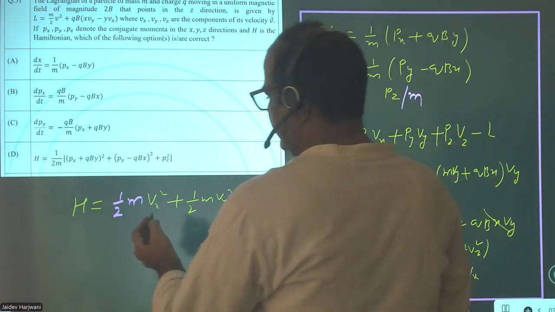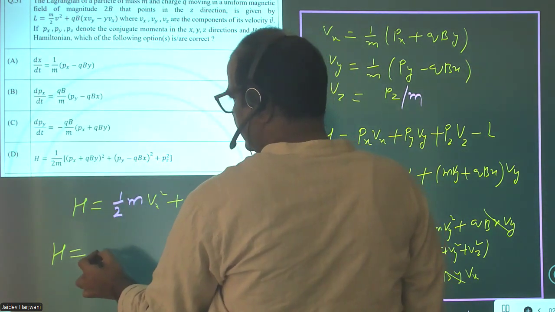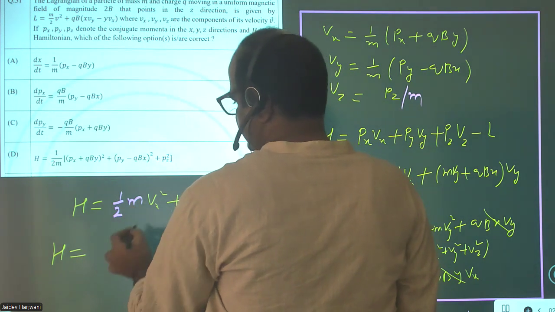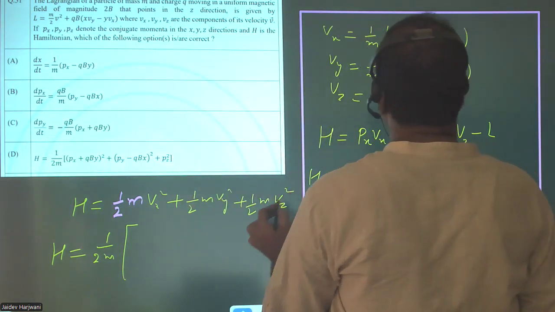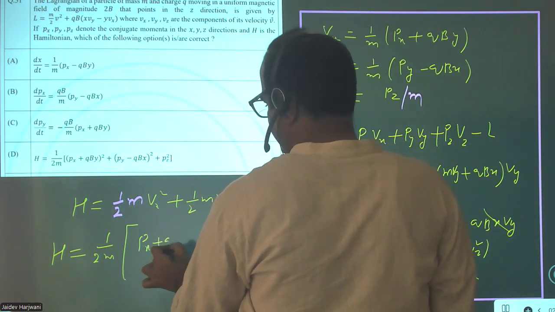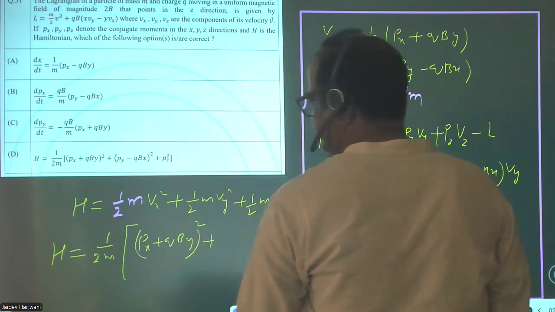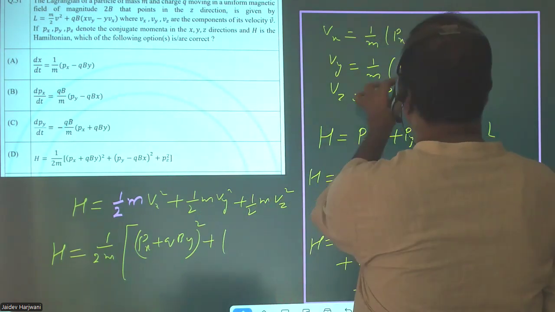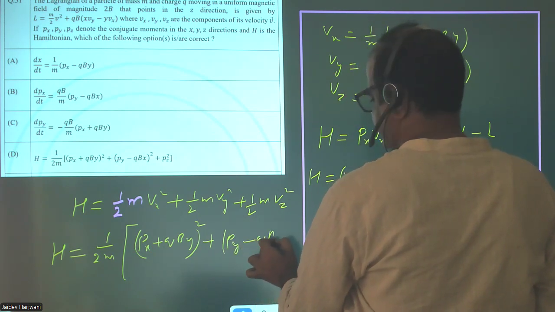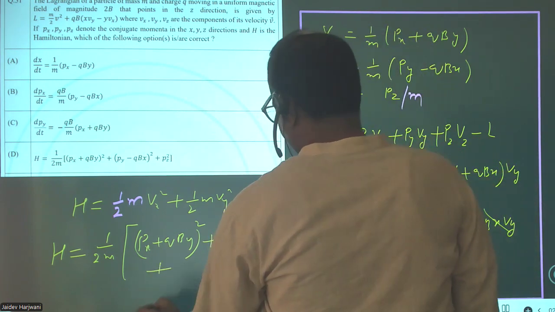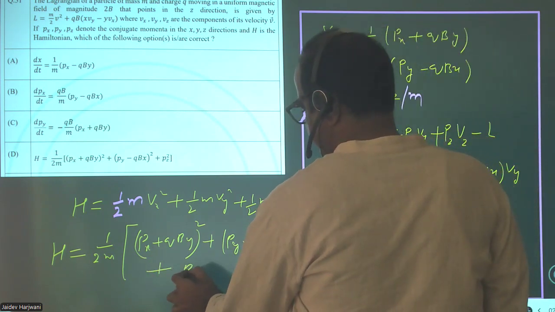Okay. So now just put the value of velocity in terms of momentum. If I put the value here, this will be 1 upon 2m times (px + q by)² plus (py − q bx)², and vz is simply pz by m, momentum is there, so pz².